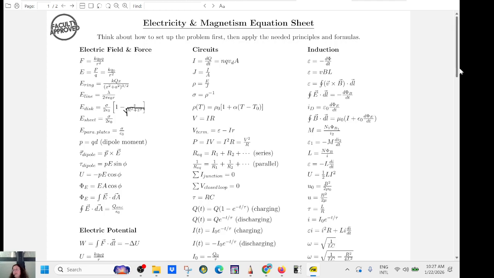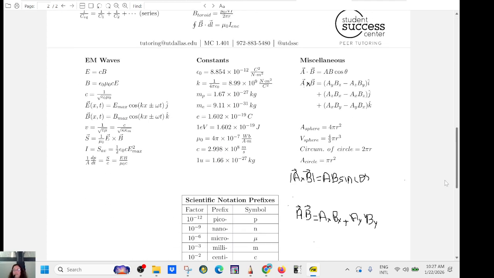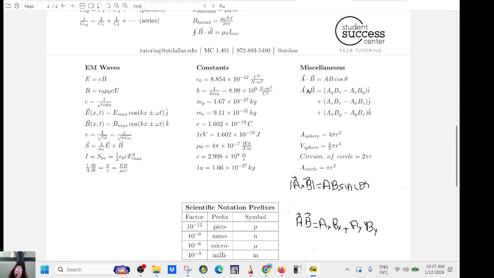And I like this equation sheet. It took me a long time to find the ideal one. Here they make a mistake, but you have the definition of a dot product. You have the definition of a cross product with the components, or the magnitude of a cross product, and that will be the dot product. For both cases, you can use the magnitude and the angle, or you can use the components, from physics 1.